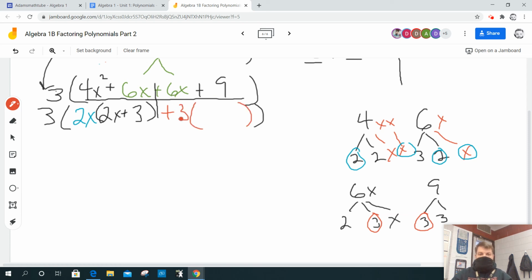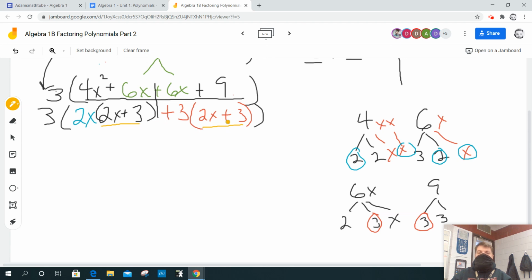What do I multiply 3 by to get 6x? 2x. What do I multiply 3 by to get 9? Positive 3. So you might say, well, hey, what a coinky-dink, Mr. Adams. They both have 2x plus 3. That's no accident. If it's factorable and we're using the AC method, you should get that.